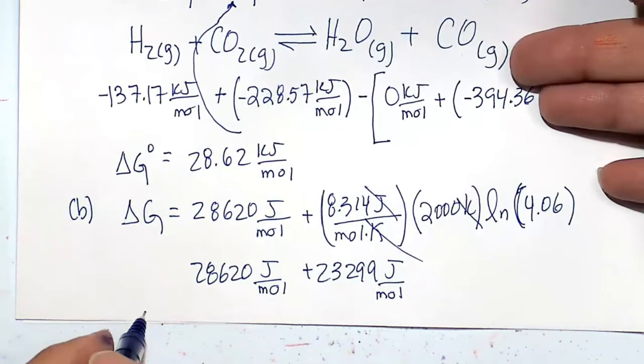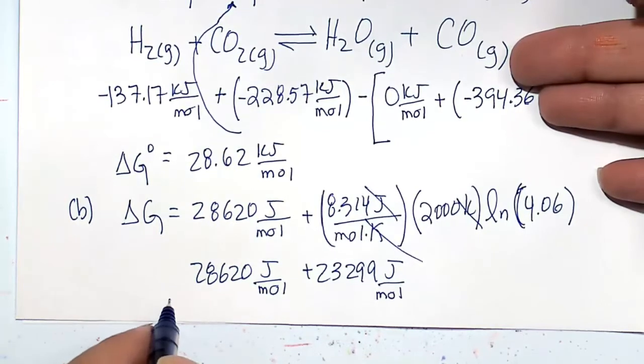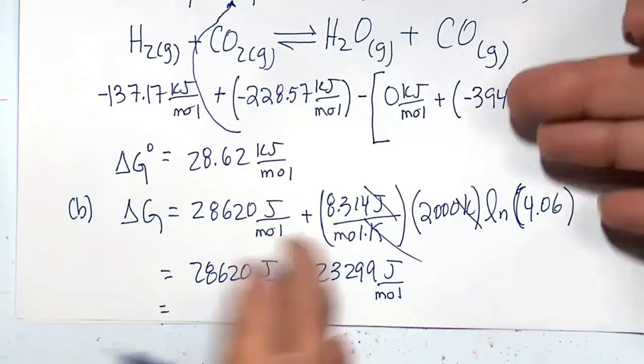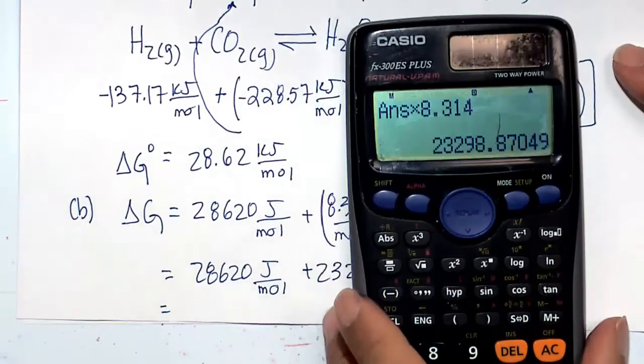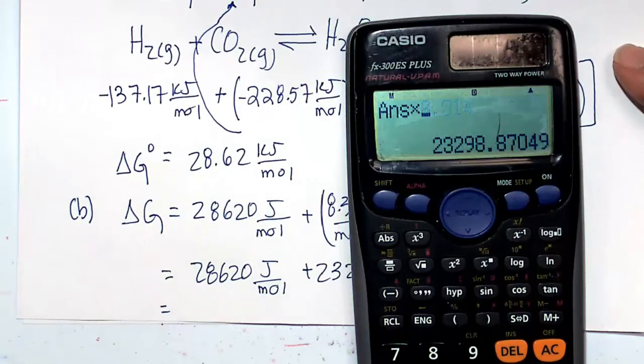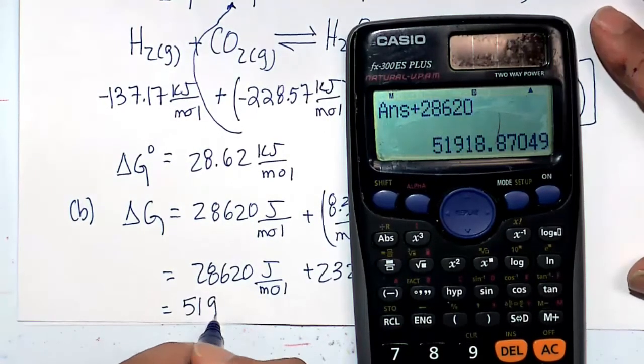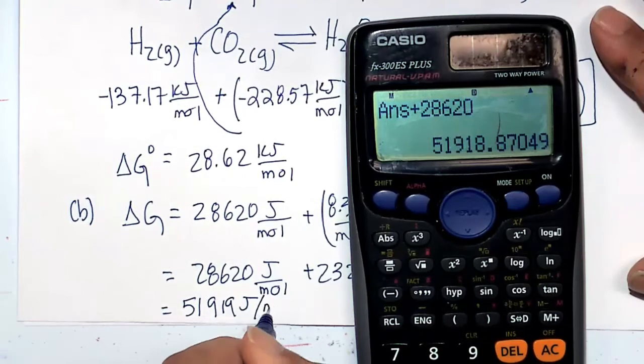That's going to equal our deltaG, and adding those together, I'm getting a deltaG value of 51,919 joules per mole.